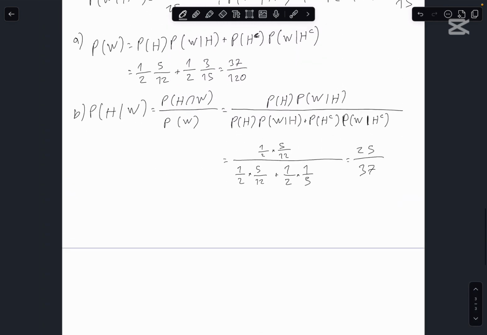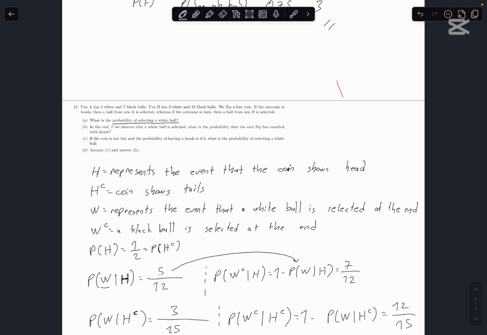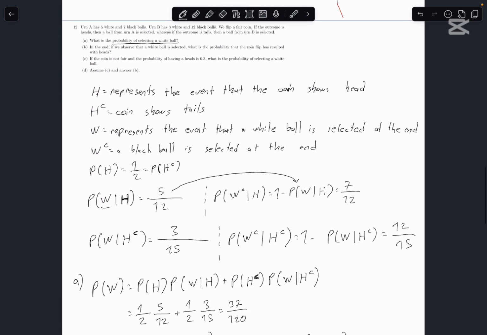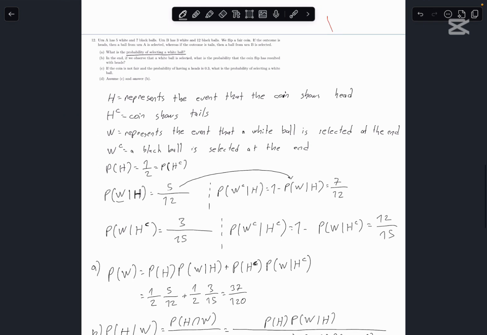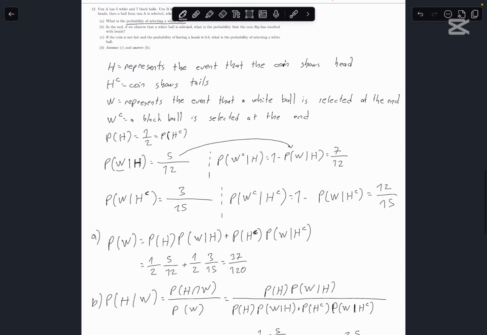Okay, let's solve section C. In section C, it says if the coin is not fair and the probability of having heads is 0.3, what's the probability of selecting a white ball? Okay, the coin is not fair this time.